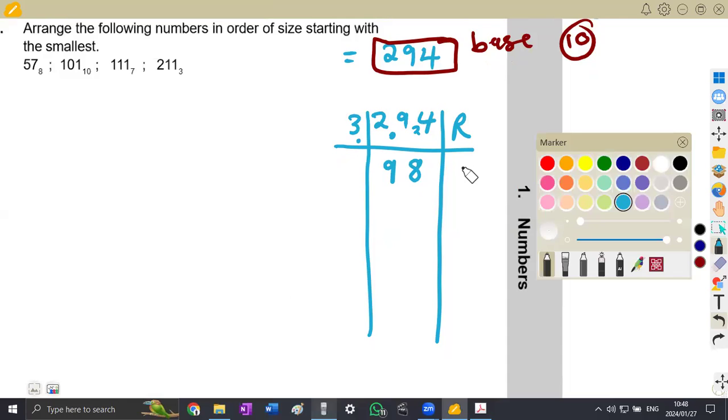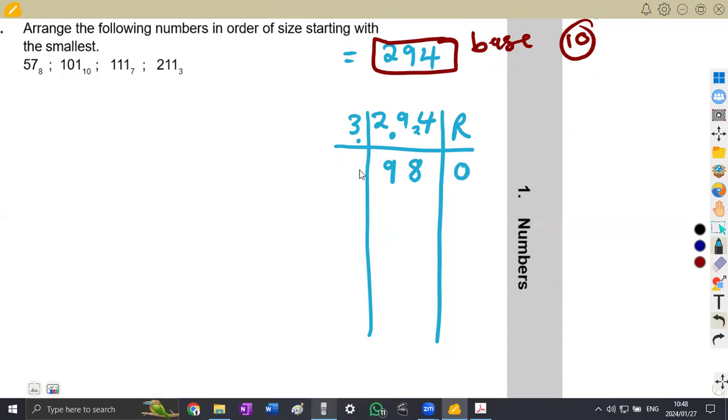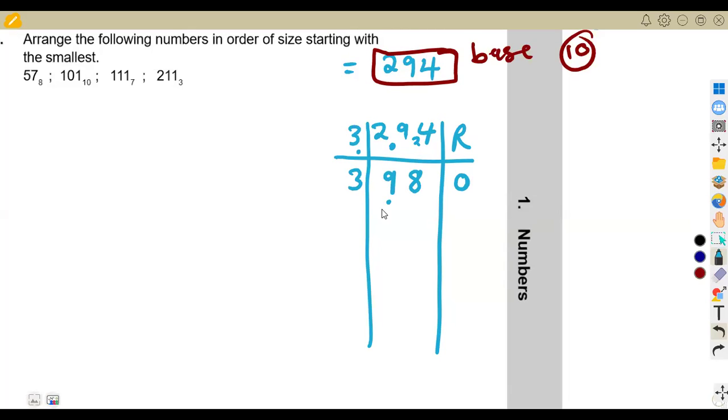So we do not have a remainder there. That's a remainder of 0. Again, 98 divided by 3, we do the same thing: 9 divided by 3 is 3. 8 divided by 3, that is 2 into 6, and we've got a remainder of 2.